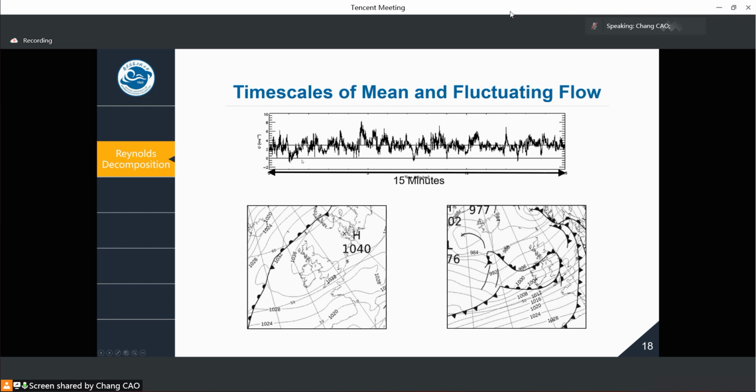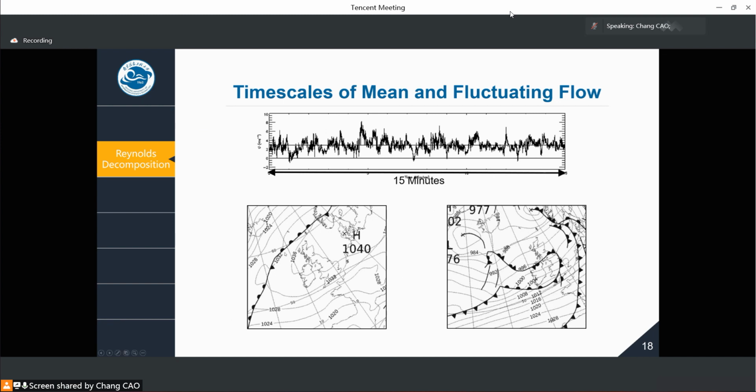But the average on which they are superimposed does not appreciably change in the 15 minute interval. So the mean does not change in the 15 minutes, but the fluctuating part changes every second. This condition means that the mean or the synoptic flow has a much larger time scale than the fluctuating part. Under this condition, we can do Reynolds decomposition.